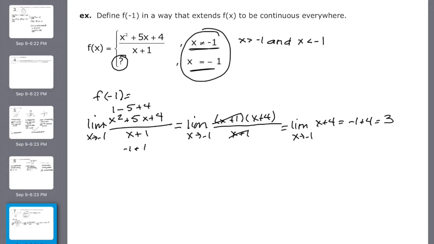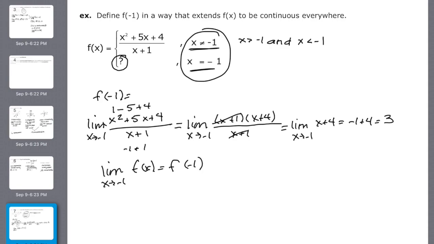So my limit exists. We're just trying to define the function to make it exist. My third part of the definition is that the limit of this function must equal f of negative 1. If we think back to that three-part definition, my function, which is the top line, my limit, the second line, and the fact that both of those are equal.